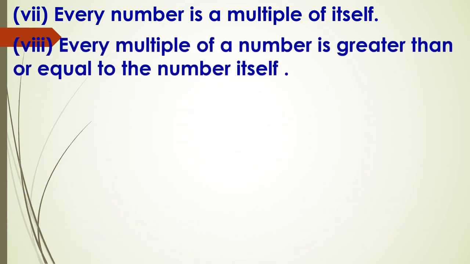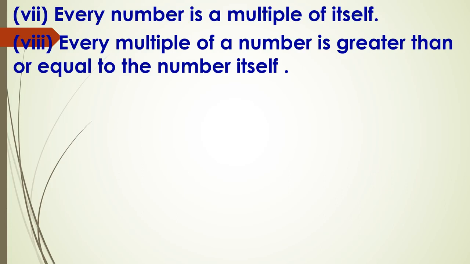See the 8th point. Every multiple of a number is greater than or equal to the number itself. Factors we have done, same number or less than that number. But multiples are always greater.